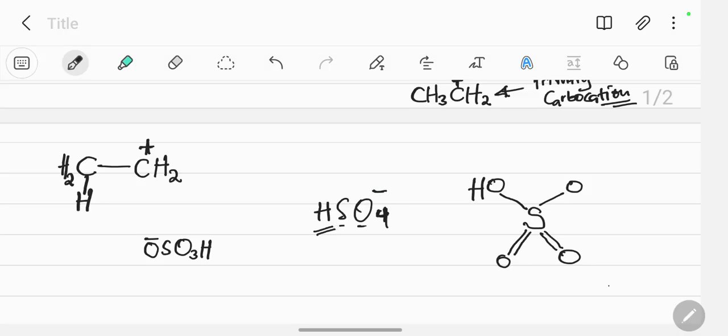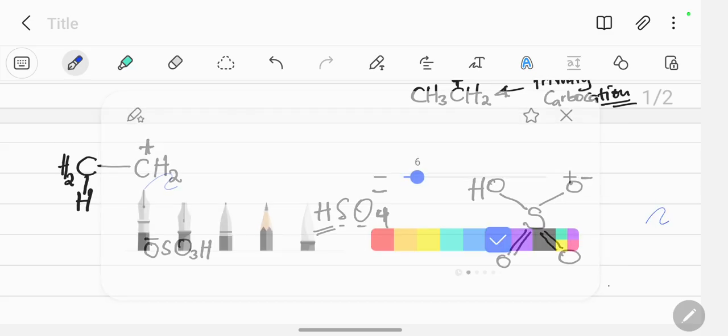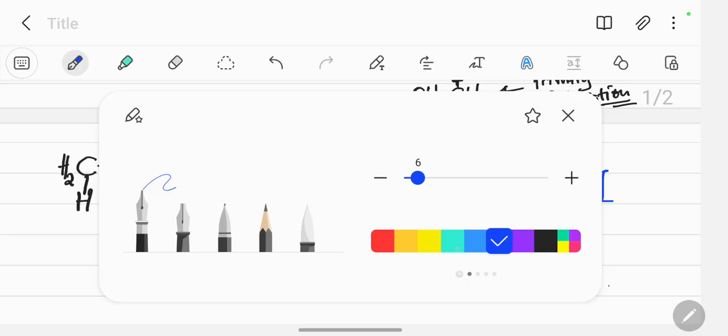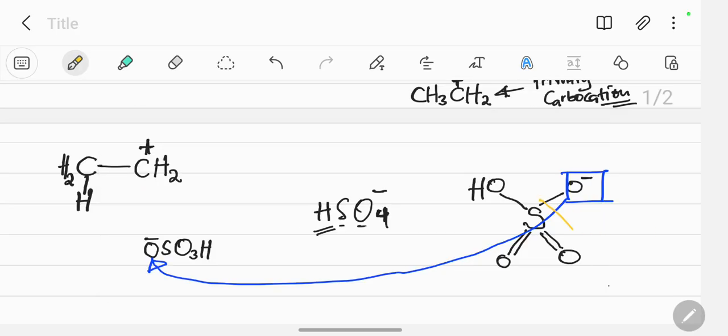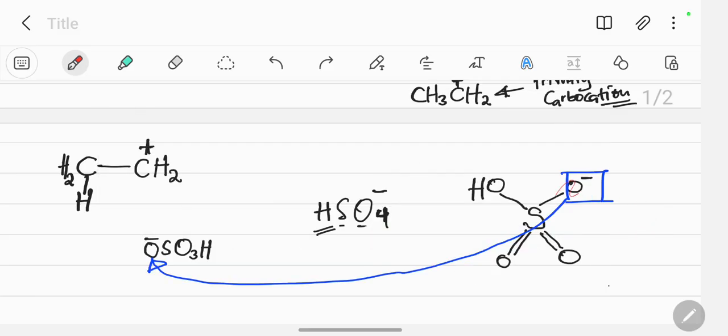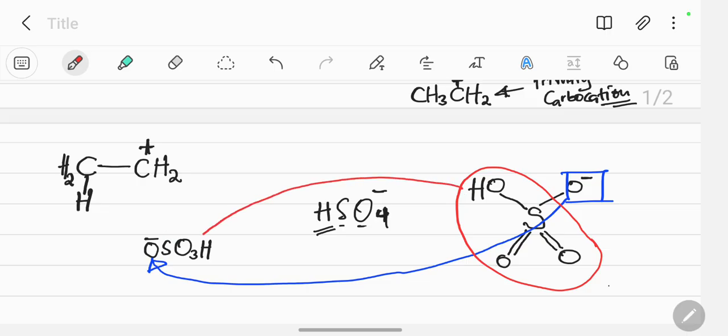Then this negative is taken up by that oxygen, that oxygen atom having the negative. Then the remaining part is this.